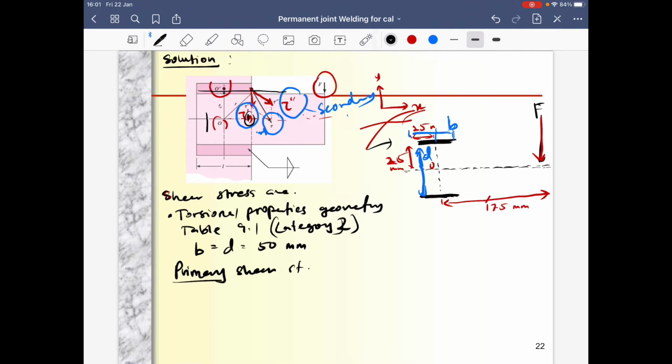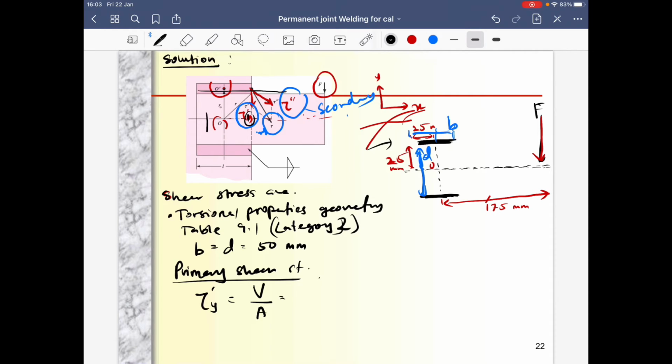So for primary shear stress, the equation is according to which direction? According to the y direction, right? So that's why primary shear tau prime y equals V over A. Basically V is the shear force that occurs inside the fillet weld, and A is the area of the fillet weld according to category 2.